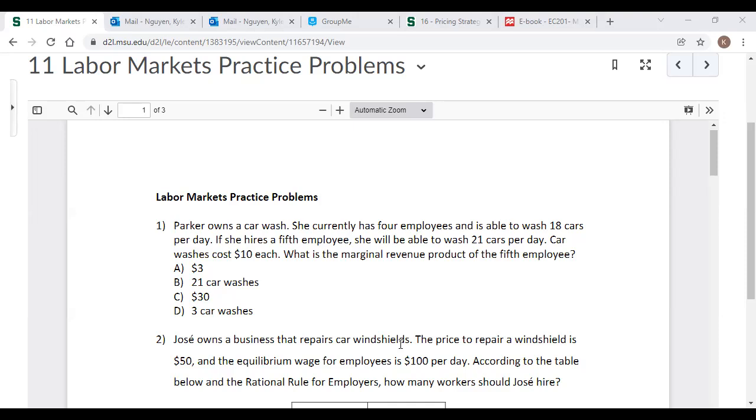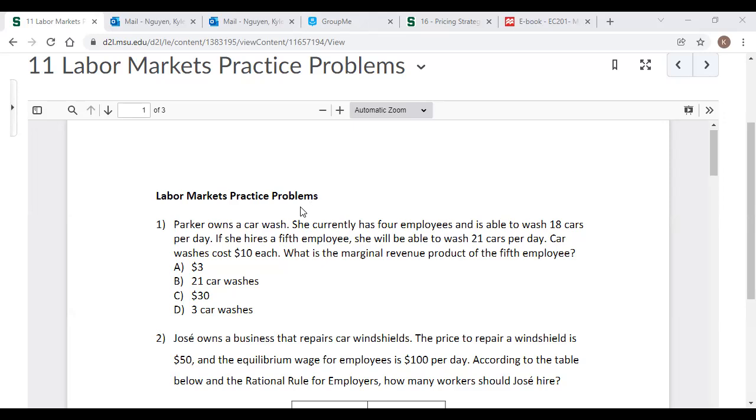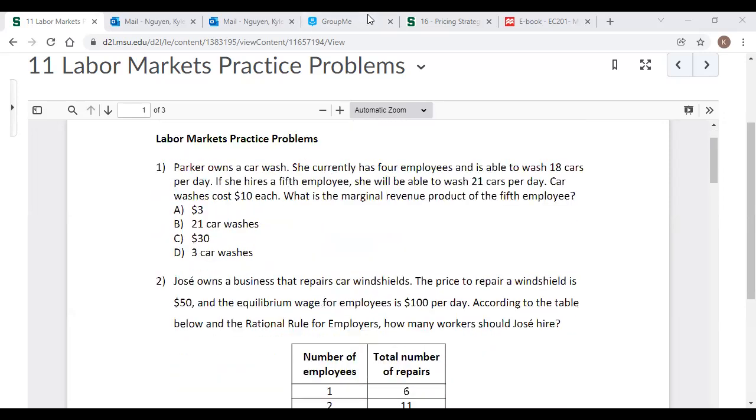But that's not what we're looking at. We're looking at marginal revenue product, which is the extra money we got from hiring an extra worker. So is there any questions about number 1?